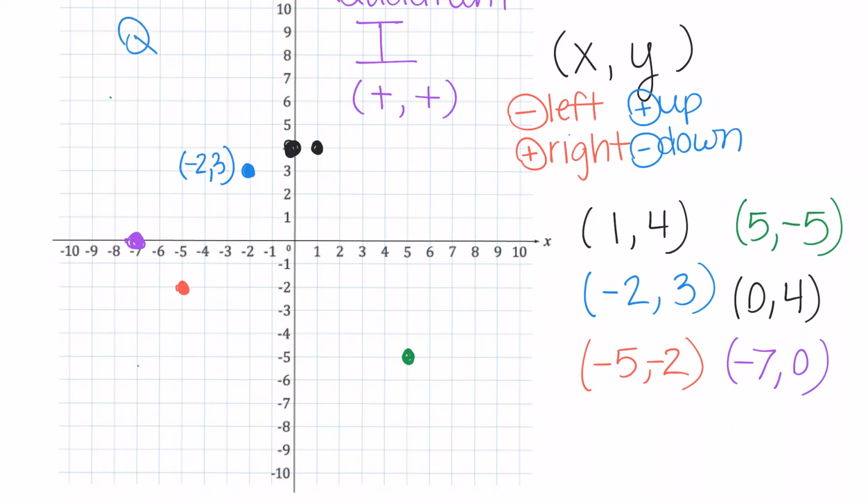Quadrant 2 is over here, and you can see that it's got negative x's and positive y's. So all the coordinates in that area have negative x's and positive y's. You guessed it, quadrant 3 is down here, and quadrant 3 is negative x's and negative y's. So that's Q3.